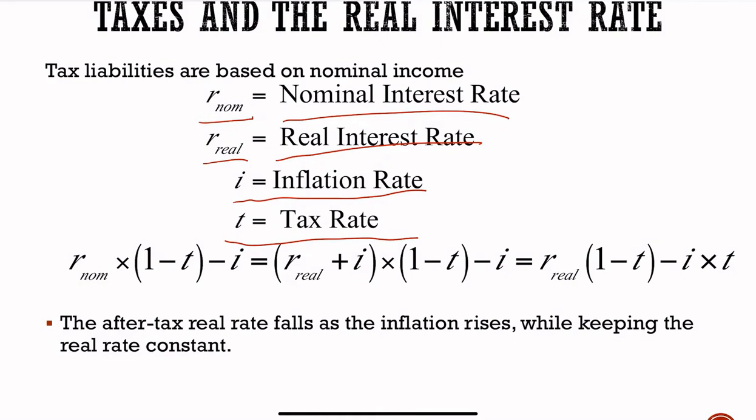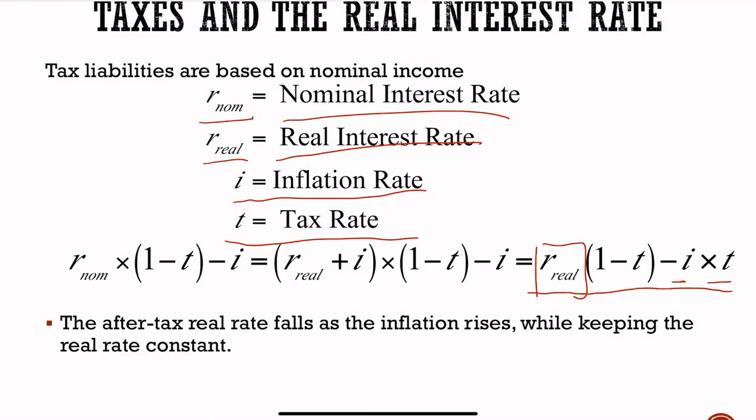And then we could use some mathematical manipulation, and in the end, you can find the after-tax real interest rate equals the real interest rate times 1 minus tax rate minus I times T.